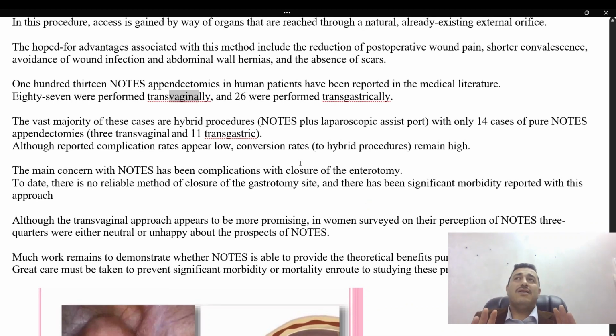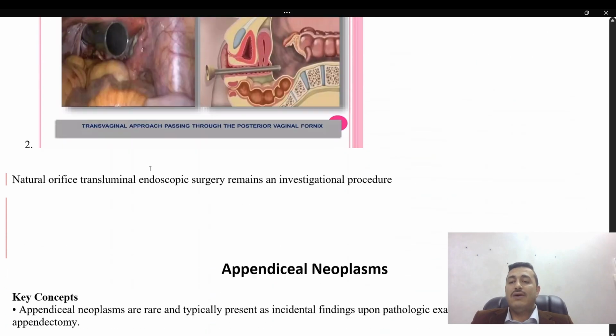This is the concept behind NOTES surgery. NOTES can be done for thyroidectomy also. Many surgeries can be done, but if we are talking about appendectomy, it's to avoid skin infection, because we will not have a skin incision, and to avoid hernias, but it is not extremely supported until now.